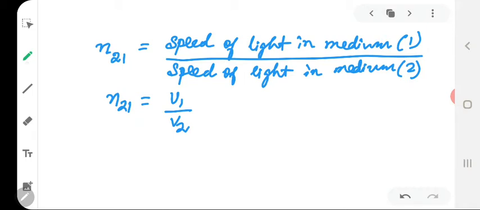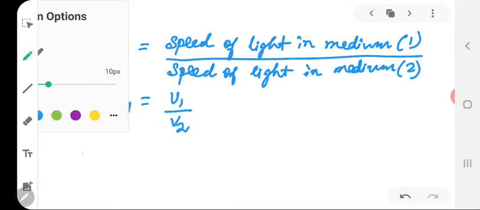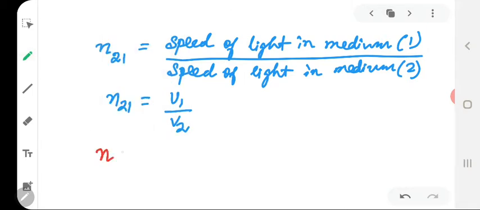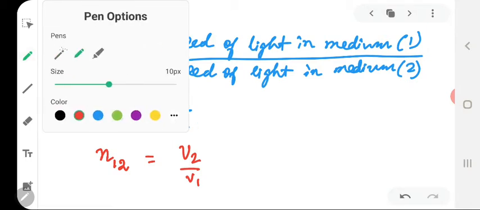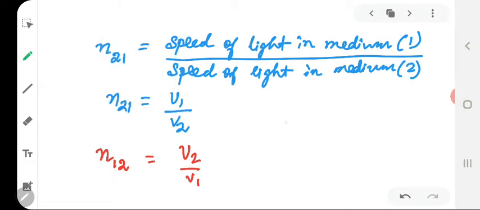Very easily, using the same relation, can we write refractive index of medium 1 with respect to medium 2? This, as per definition, should be equal to V2 by V1, isn't it? So now, if we multiply these two equations, so what shall we get?